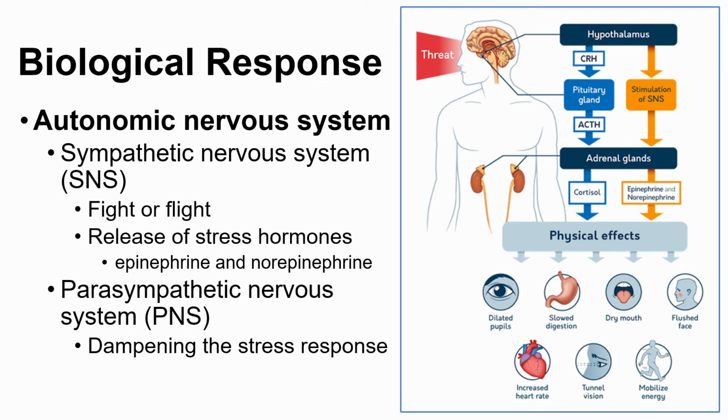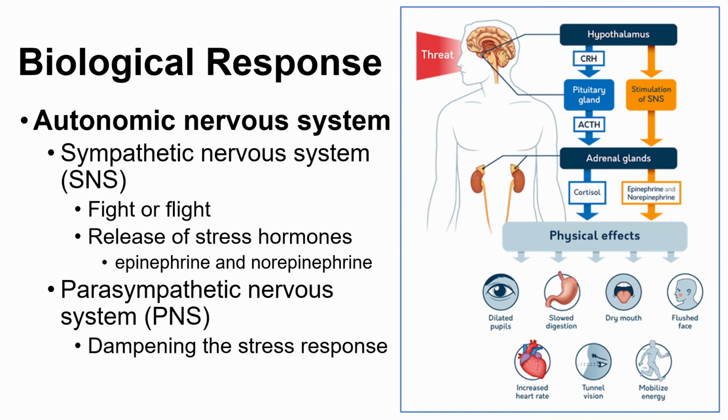Our hypothalamus, located here at the base of our brain, is responsible for coordinating our autonomic nervous system responses. So whether we activate our sympathetic or our parasympathetic nervous system, that all runs through the hypothalamus.